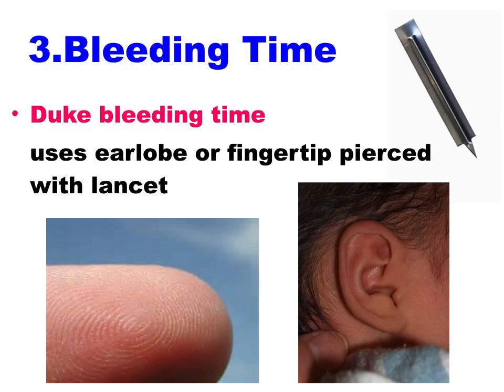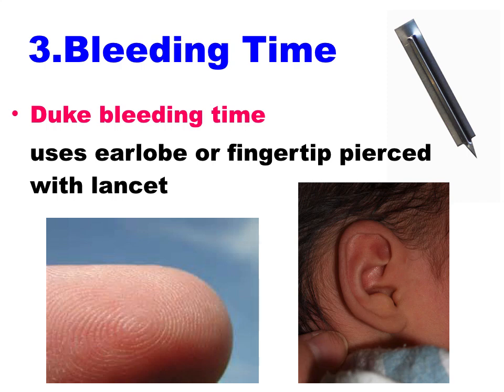Duke's bleeding time uses the earlobe or fingertip. You pierce it with a lancet. This used to be the lancet that we used to do bleeding time. You can make use of fingers, just make sure that the finger is free from callus or other problems that would hinder or affect the bleeding time.